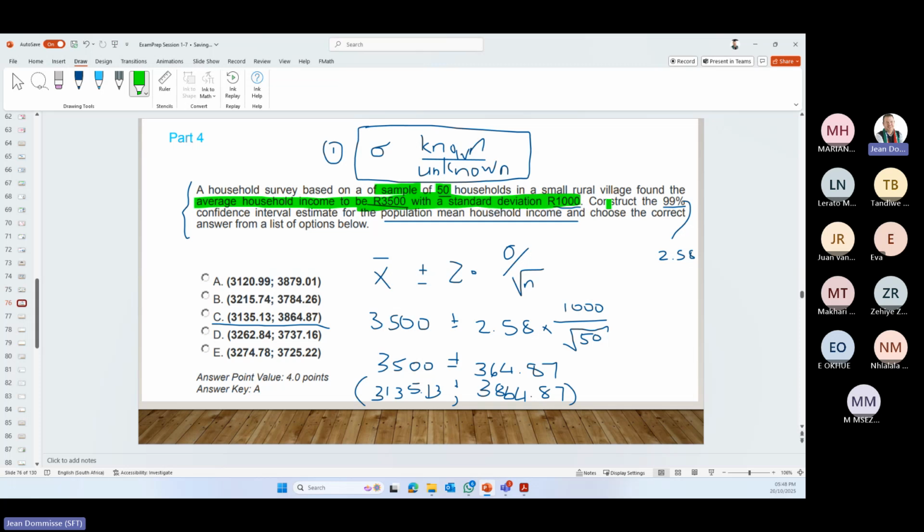So we are going to construct, and then we hope that the estimate is around the population mean. Nowhere did they tell us here that we're actually working with a population standard deviation. That's why it's so important, because there is an answer for us.